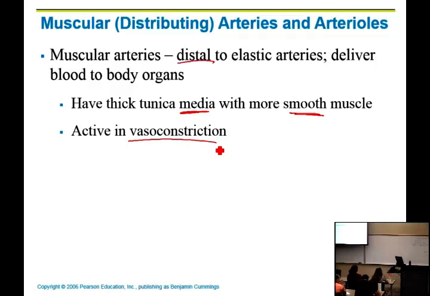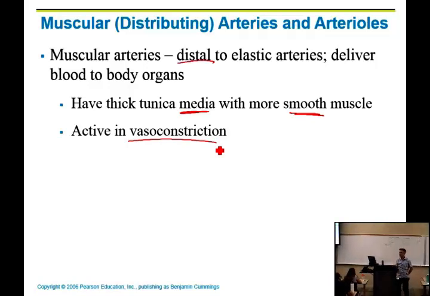But we do know at different times you need blood to go to different places. For instance, if you have a big meal, Thanksgiving coming up, what happens after you have your big meal? You take a nap. It's called postprandial somnolence. It's got a fancy name; everything has a fancy name. When you're tired, what your body's doing is saying, okay, I got a whole load of food here.